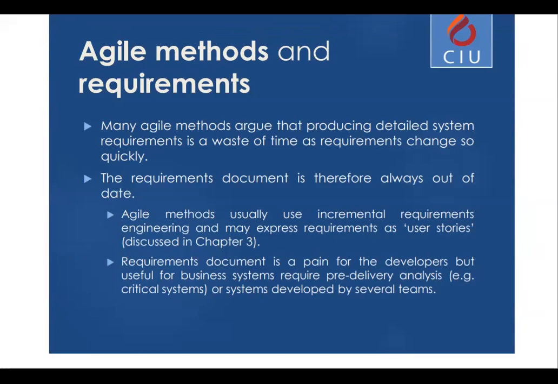Now, requirements themselves are recognized differently in different process models. Many agile methods argue that producing detailed system requirements is a waste of time because agile nowadays wants to focus on building a system quickly. So if I waste too much time on defining requirements, by the time I finish them, they will already change. With agile development, I agree with this 100%.